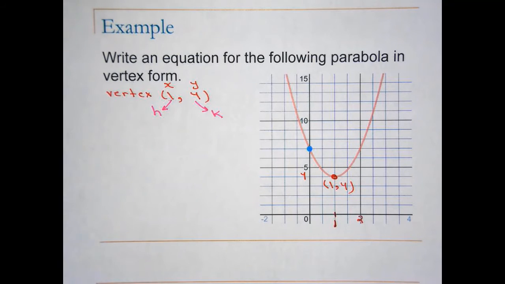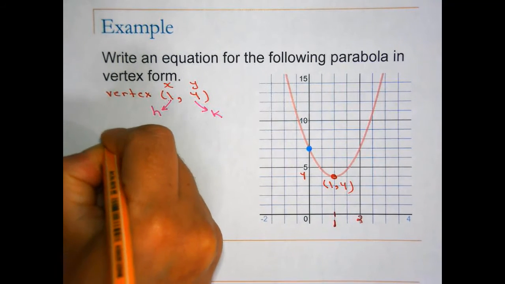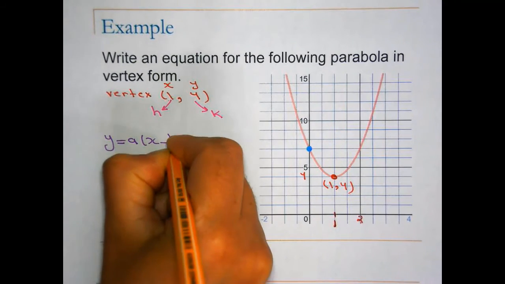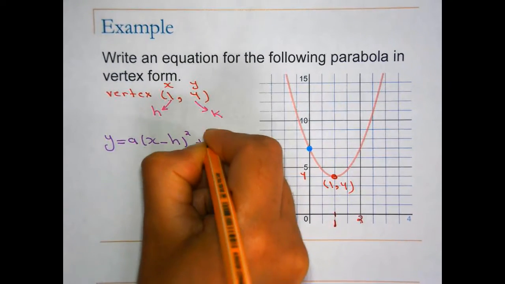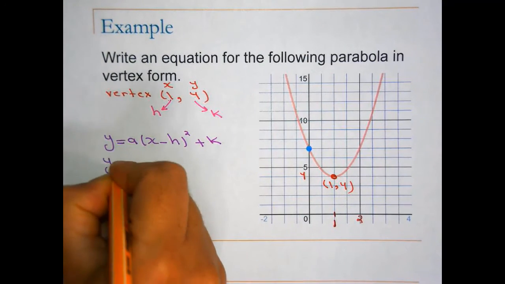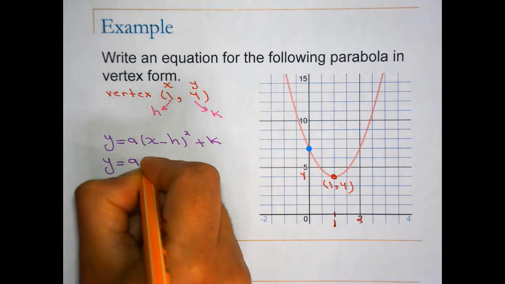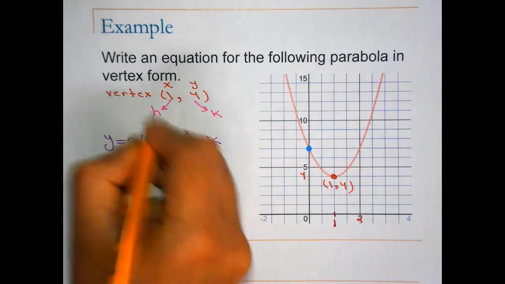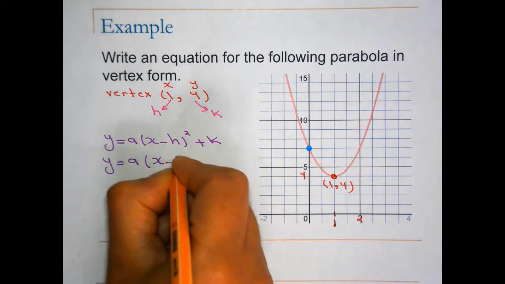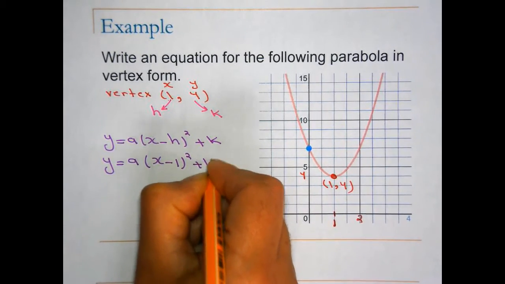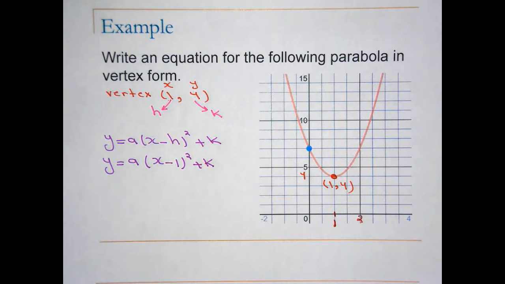I'm going to write the general equation here. y equals a(x minus h) squared plus k. Now y equals, we don't know what a is. If h is 1, that means here you have to put the opposite, so minus 1 squared plus k. Now the next step is to sub a point.